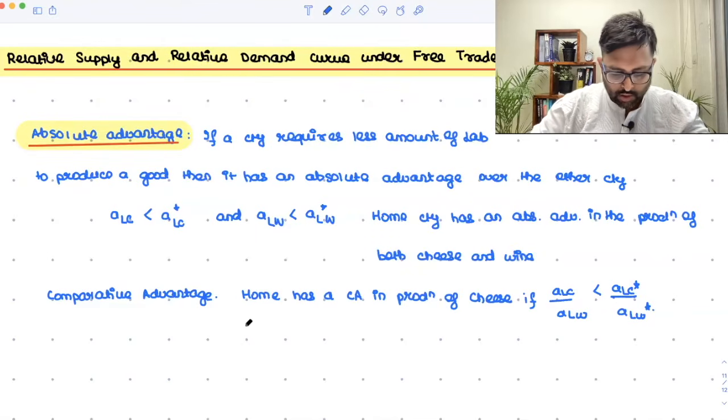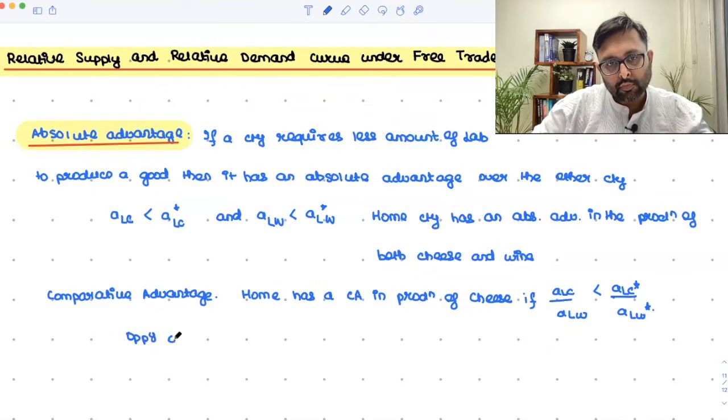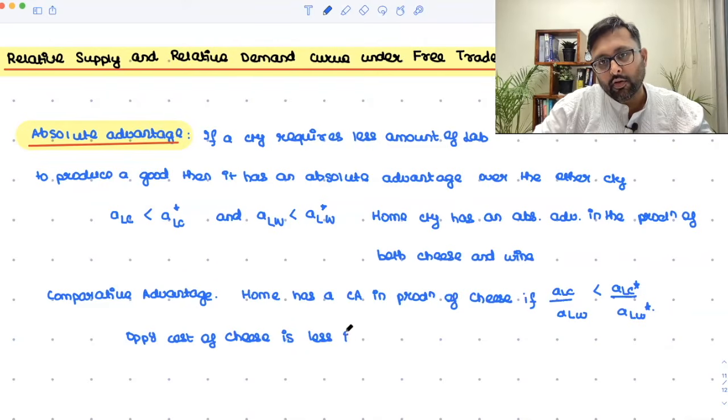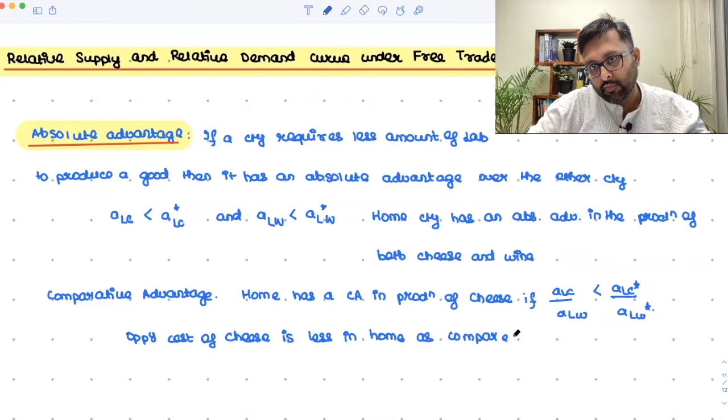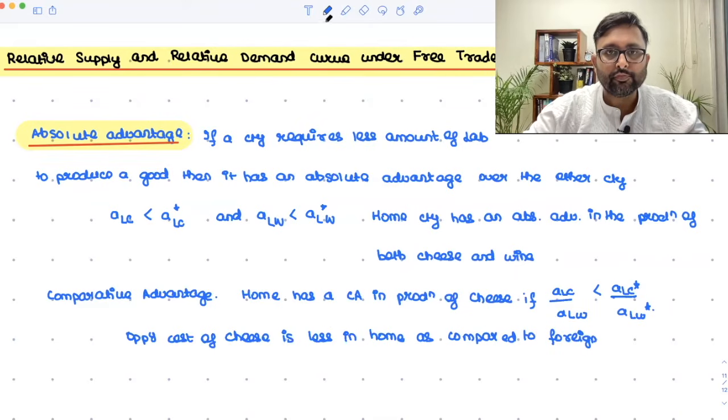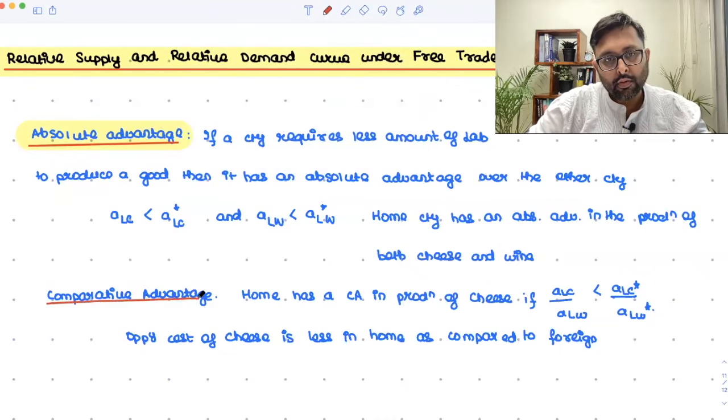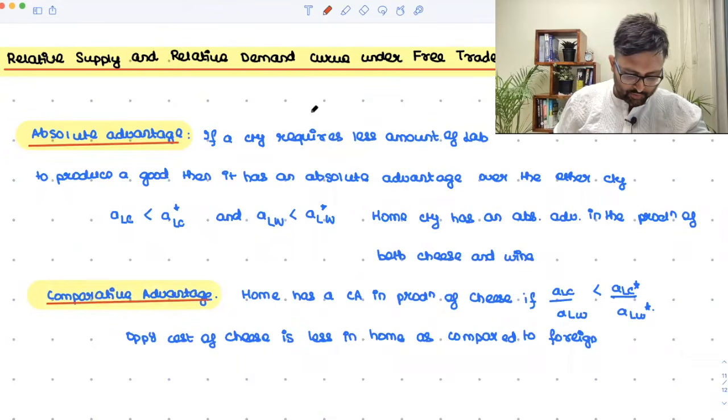So the opportunity cost of cheese is less in home, as compared to foreign. So that is what the comparative advantage is, right?